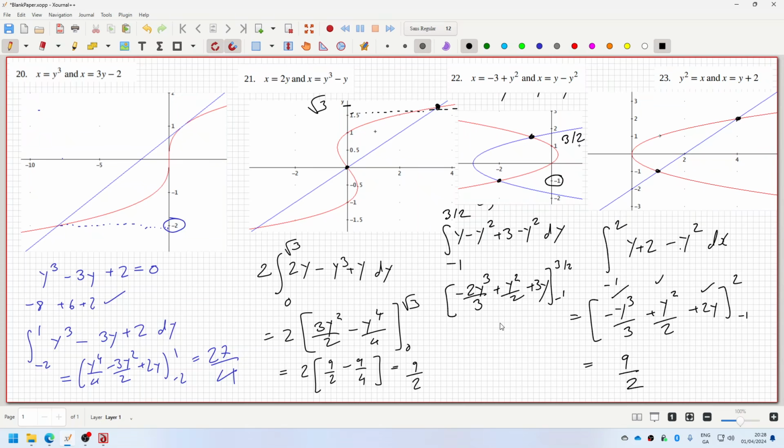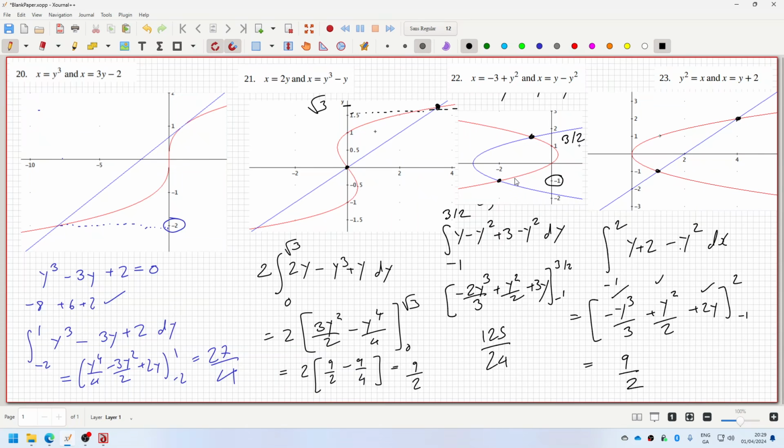Okay, let's check, put in the limits. And, well, it's positive, so it means I got it the right way around. 125 over 24, about 5 units.